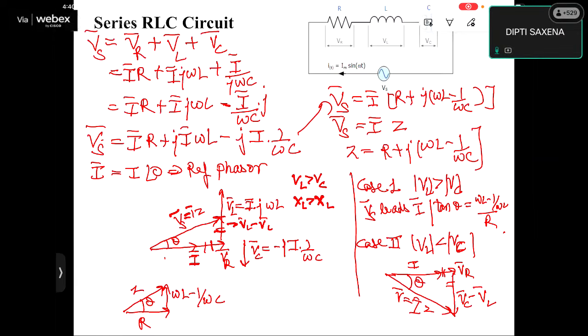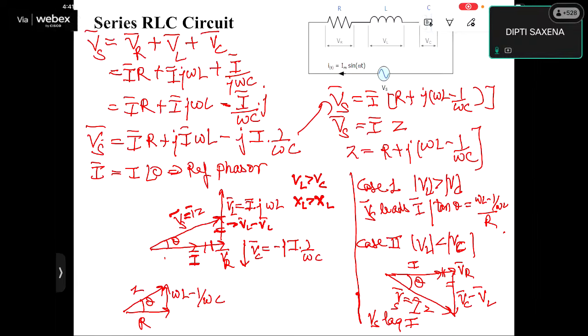Now look here. In the second case, if the magnitude of VL is less than the magnitude of VC, the voltage phasor is behind the current phasor in the anti-clockwise direction. That is, Vs lags I. Similarly, if the voltage across inductance, or the inductive reactance, is greater than the capacitive reactance, your RLC circuit behaves like an inductive circuit.